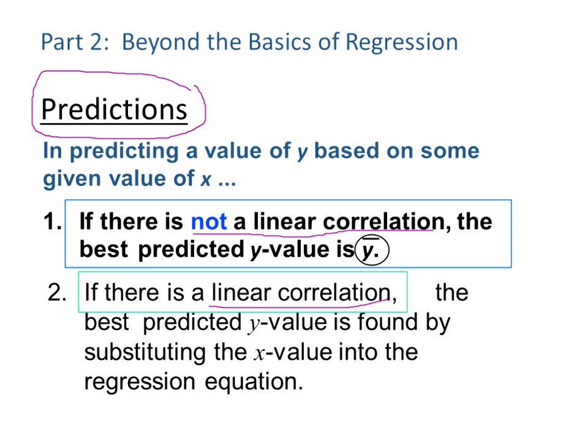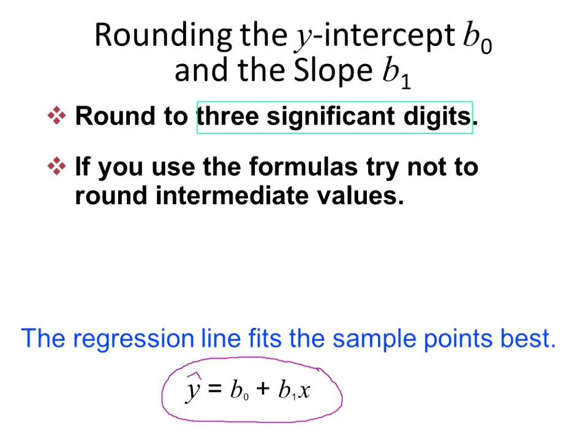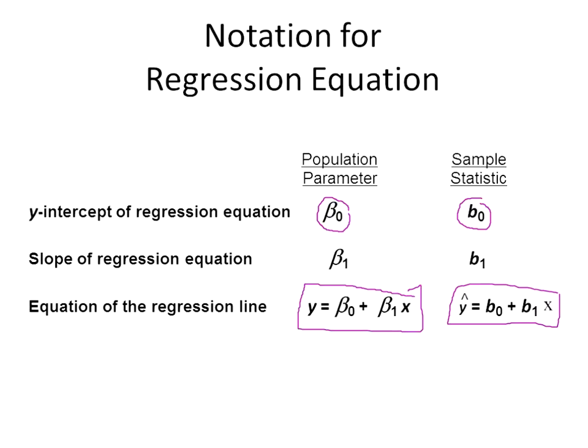So we have to go based on this part of our definition. There is no significant linear correlation, so the best predicted y value is your y bar. How do I know that there was not a significant linear correlation?